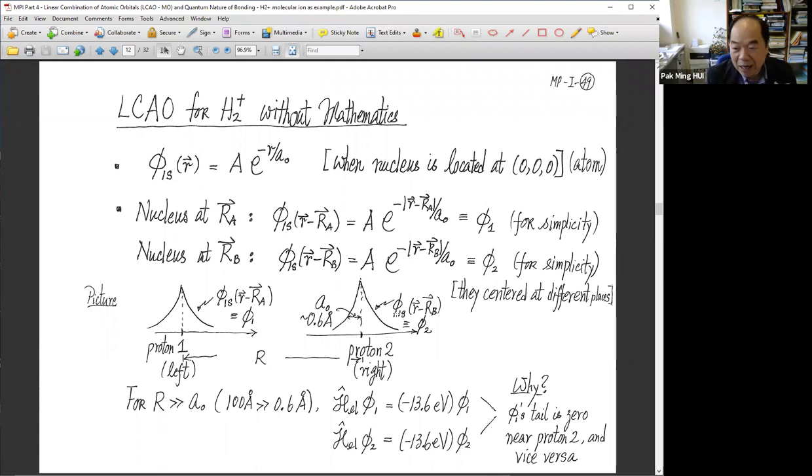So here, I simply invoked 1s on the left and ignore all the 2s. Another reason is that 1s and 2s in hydrogen differ in energy by 10 eV. You can easily use the standard formula minus 13.6 eV divided by n squared to make an estimate.